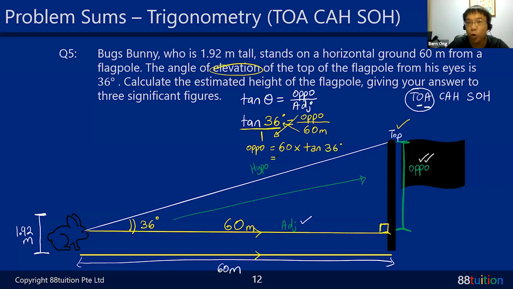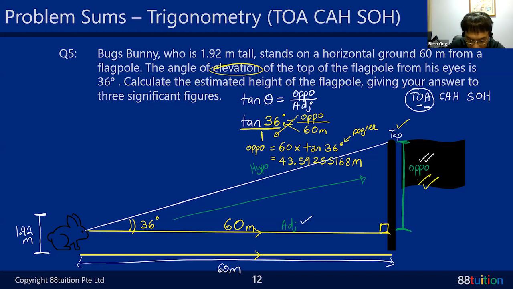Press your calculator. Remember, your calculator must be in degree, because this angle here is in degree. So be careful. 60 times tangent 36 will give you 43.59255 meter. That is this portion here.